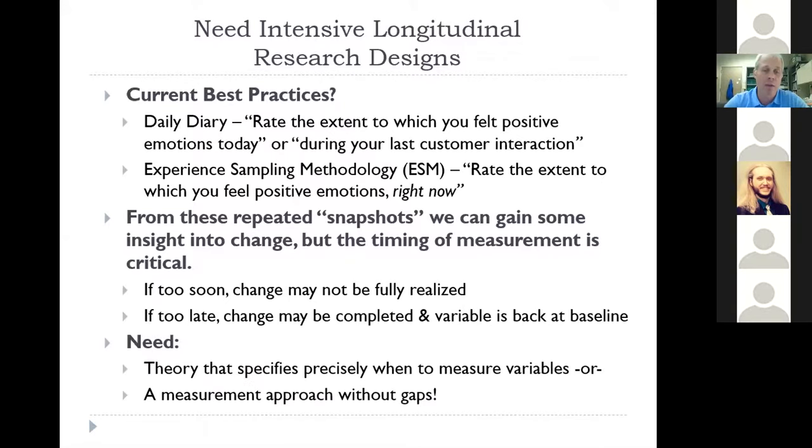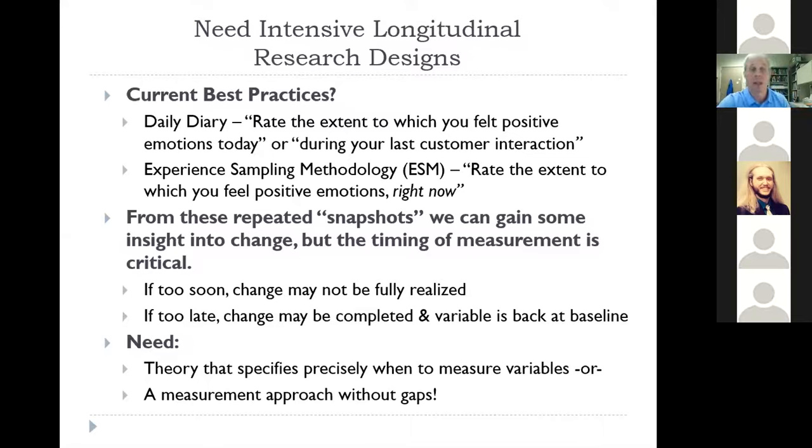So timing is critical, and it'd be great if we had theories that really specified exactly when things change and how they change, but for the most part, our theories just aren't there. And so a potential way to approach this problem is to adopt a measurement approach that doesn't have gaps, that doesn't present missing parts in our data stream.